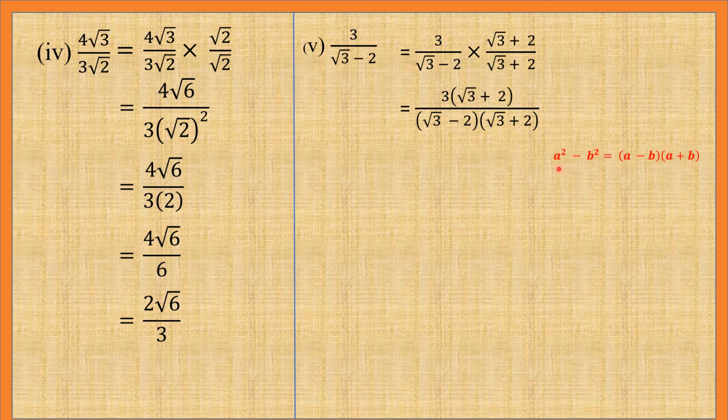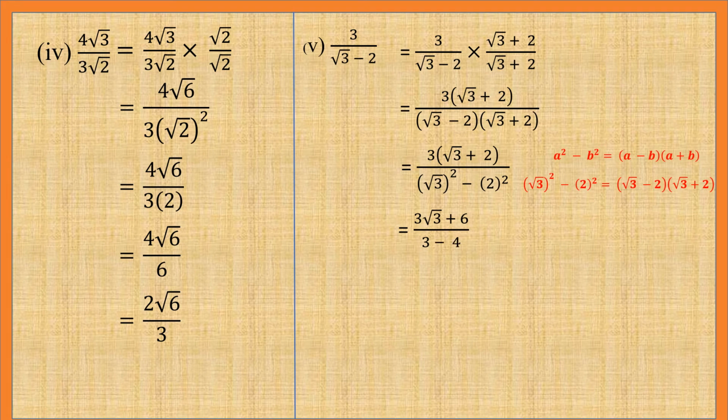Our a in this case becomes root of 3, our b in this case becomes 2. So we can write this one as root of 3 squared minus the b, which is 2 squared. So substituting, we have this over square root of 3 squared minus 2 squared.